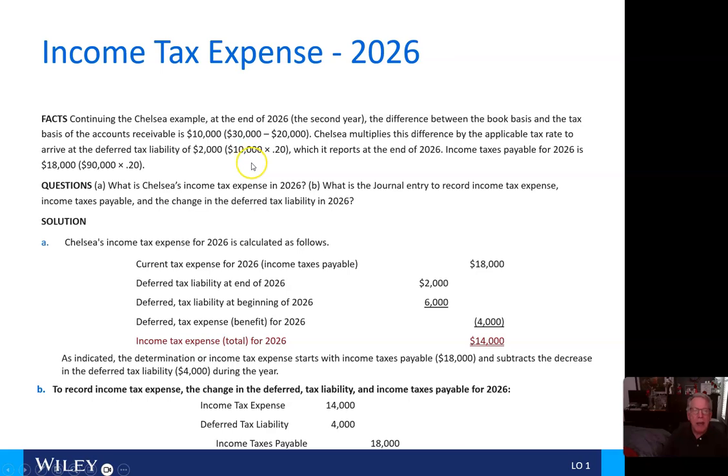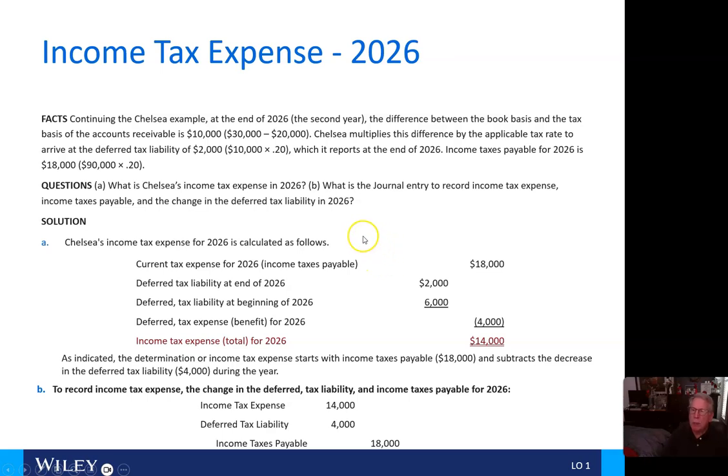Income taxes payable for 2026 is $18,000. That's $90,000 times 20%. So, what is Chelsea's income tax expense for 2026? And what is the journal entry to record income tax expense, income taxes payable, and the change in deferred tax liability in 2026?